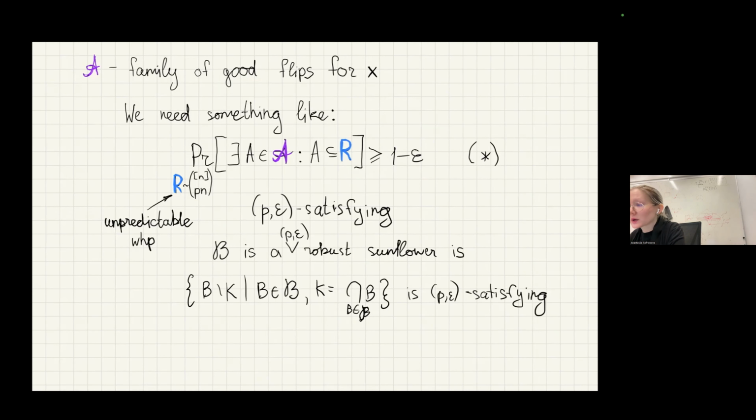So in other words, what we need is a robust sunflower with an empty kernel, where a kernel is just the intersection of all sets in the family. So I've just said that these are robust sunflowers, but in fact, as we need it with an empty kernel, it's enough for us to think about this definition, that any family of sets with this property is P epsilon satisfying.